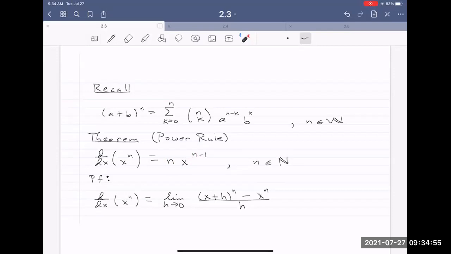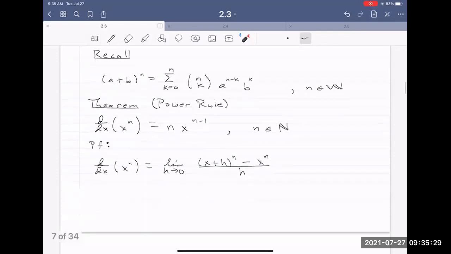So for any real number, this will also be a true statement. We won't be able to prove that in this course. We'll only be able to prove it for rational exponents. Certainly for integer exponents, we'll prove it. I think I'll prove it for rational exponents, but I can't prove it for real exponents. That will not be until Math 262.